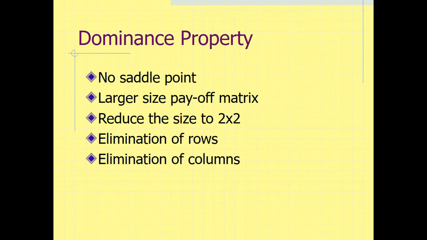We have seen that a game of order m by n, with m or n equal to 2 and where the saddle point did not exist, could be solved by reducing the size of the game to that of order 2 by 2 by the graphical method.